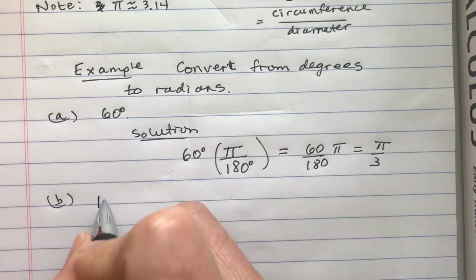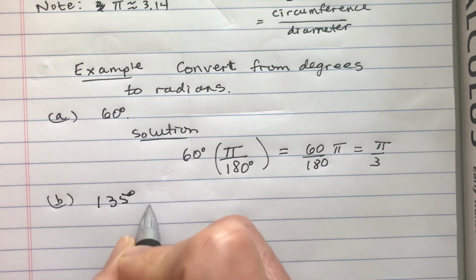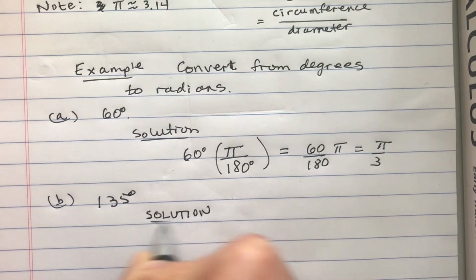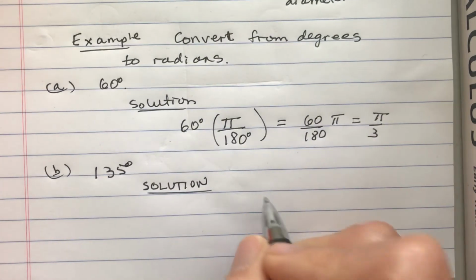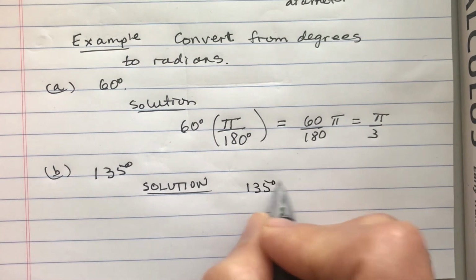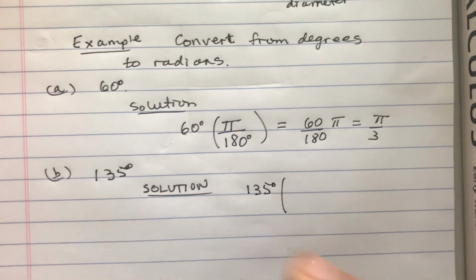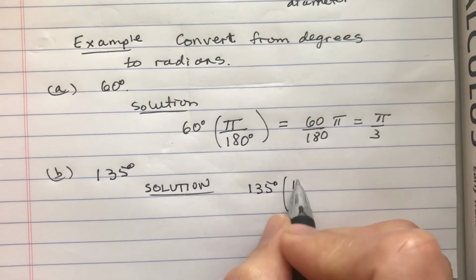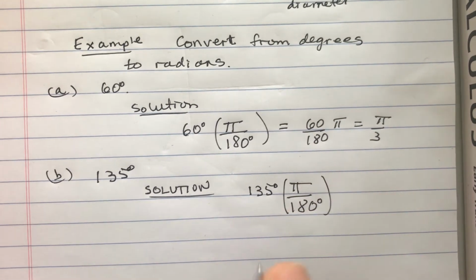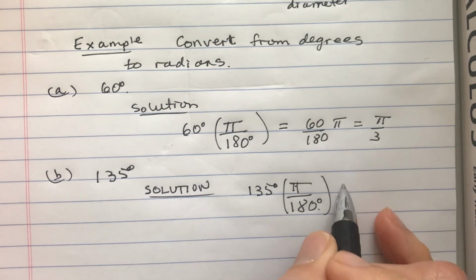I would say for the most part, it's a bit of trouble. I think there's somewhere on the calculator, I haven't really looked at it, where you can press some buttons and the calculator will do this for you. But anyway, okay, so I have pi in the numerator, 180 degrees in the denominator. I want the degrees to cancel each other out. Numerator degrees, denominator degrees, they cancel each other out.